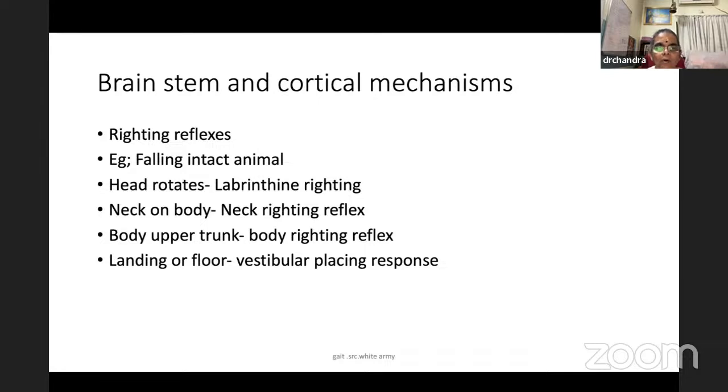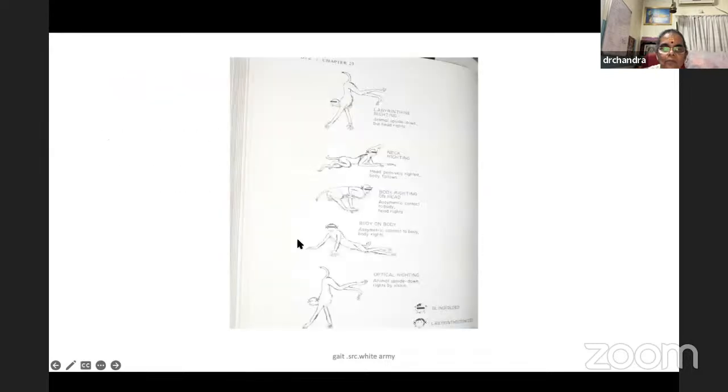The neck on body righting reflex, they are called neck righting reflexes. Body upon trunk, they are called body upon trunk righting reflexes. And landing on the floor is the vestibular placing reaction, so that we land without injuring. We may remember this picture in our physiology textbook, where very comfortably using all these righting reflexes, the animals fall without injuring themselves.